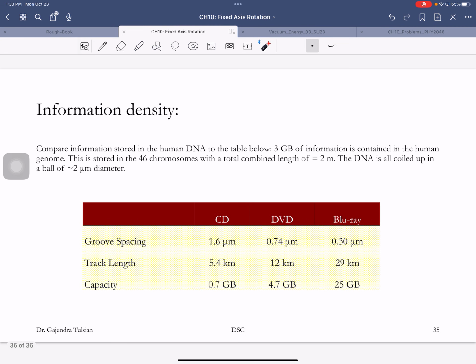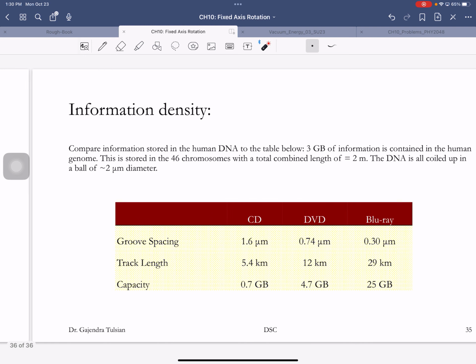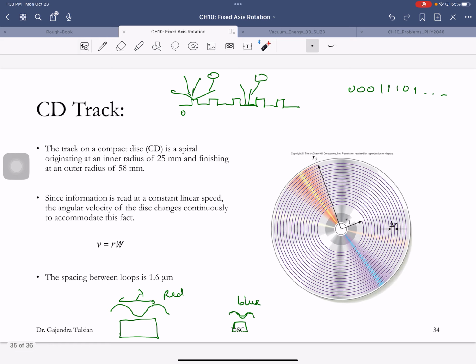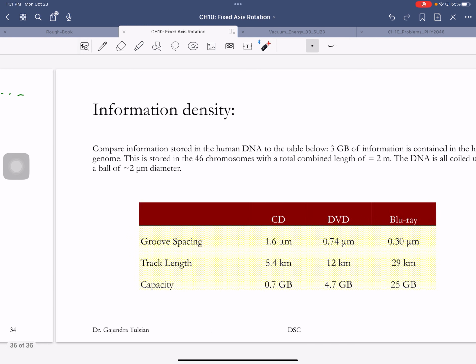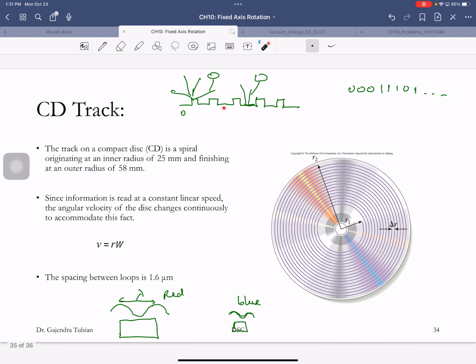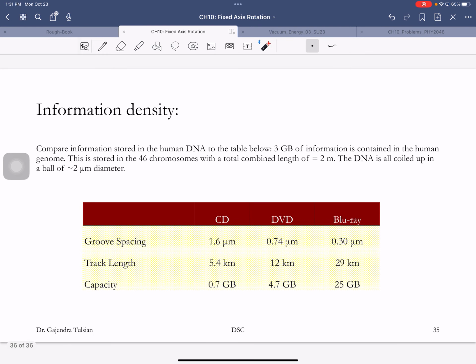So regular CDs used red light, and the spacing had to be 1.6 micrometers between the lines. With Blu-rays with a shorter wavelength, now the lines can be 0.3 micrometer, 5 times closer. In addition, those bumps could be 5 times closer. So the information content should be 25 times as much.